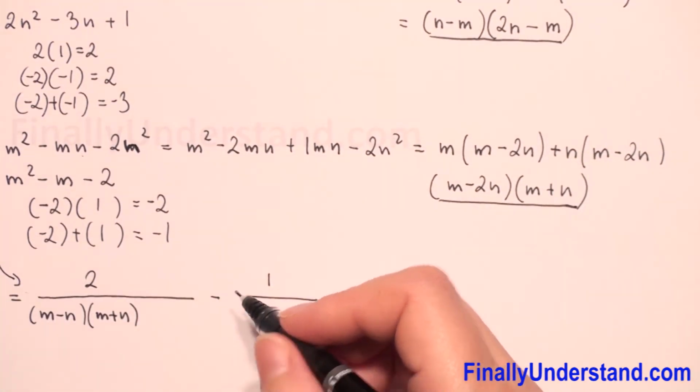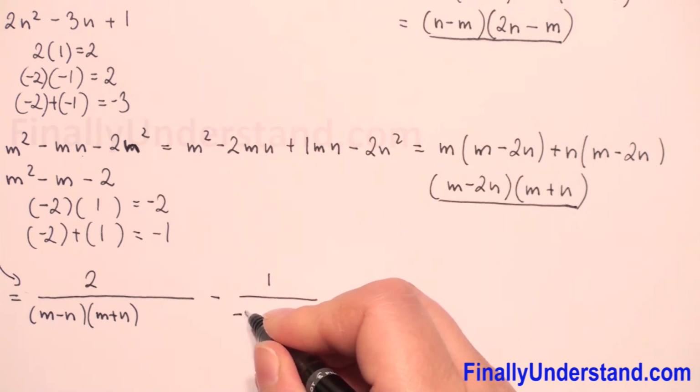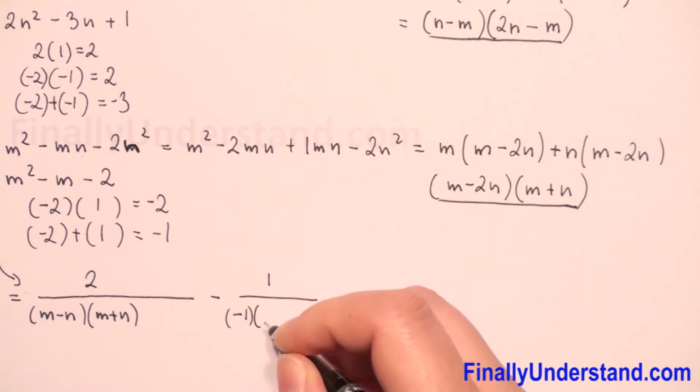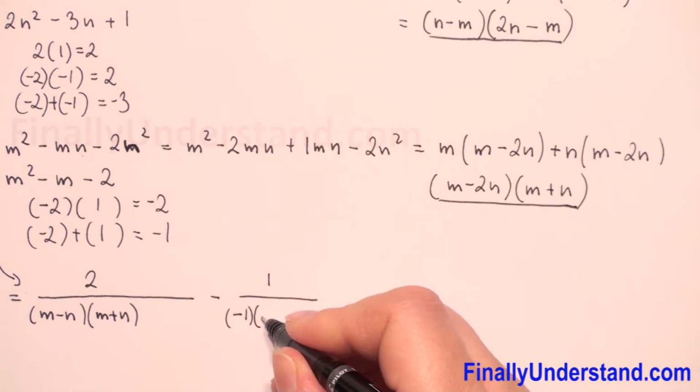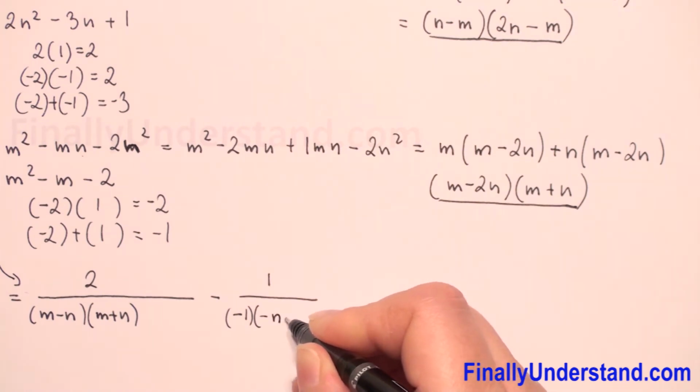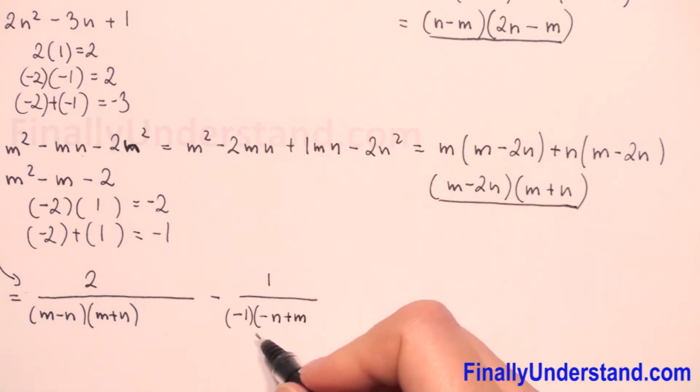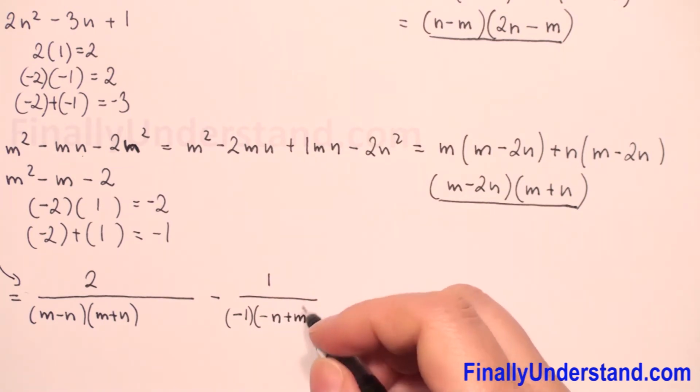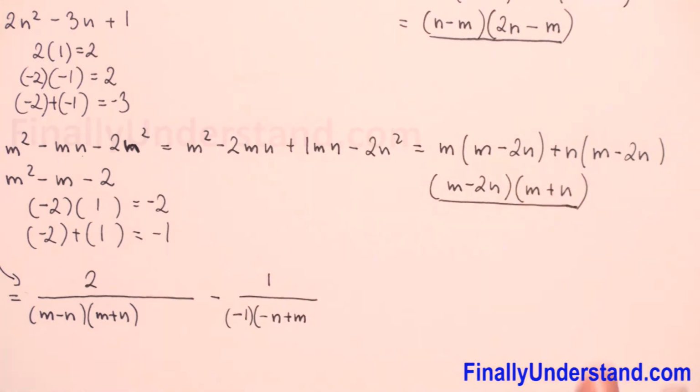So I will have negatives like 1 in parentheses, and inside will be negative n plus m, because negative and negative give me positive, so it will be the same, and negative and positive give me negative m.